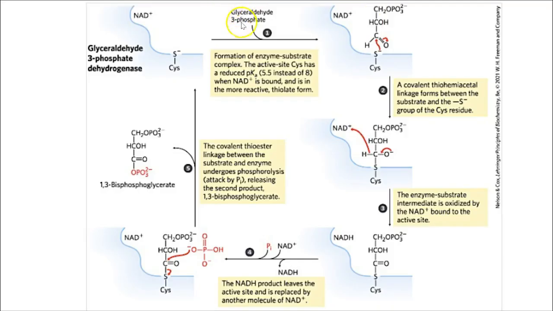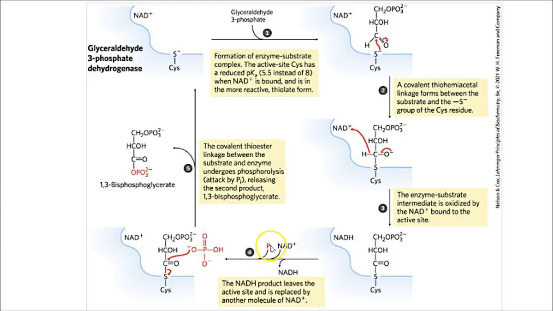You have glyceraldehyde 3-phosphate that enters the enzyme, and the cysteine residue within the enzyme does a nucleophilic attack onto the carbon, now having that glyceraldehyde 3-phosphate group attached to the enzyme, and then now the NAD+ does oxidation onto the molecule, and now it is reduced to NADH, and we have the carbon chain gets oxidized. Now we have this carbonyl, and from there NADH is released and it gets replenished with brand new NAD+.